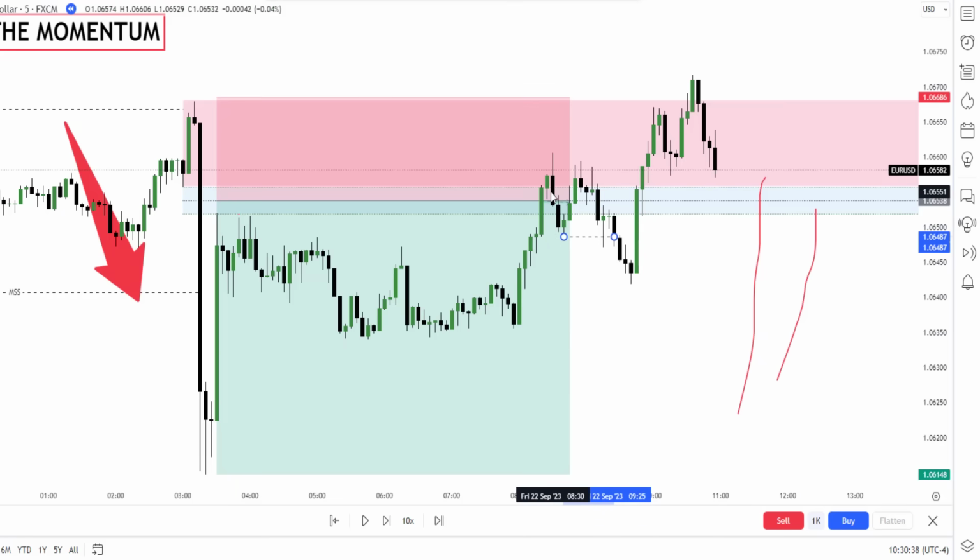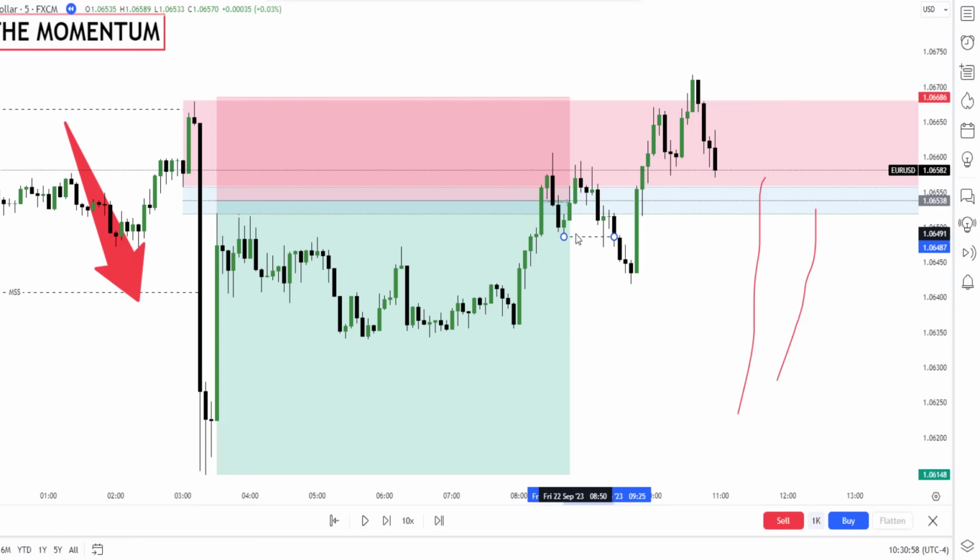Can you see this one? Even though these two have qualified, the third candle did not close below this one. So we can't call this a retracement. So we will just let this be. So this entire movement is one retracement, and this is not a shift in market structure according to ICT.